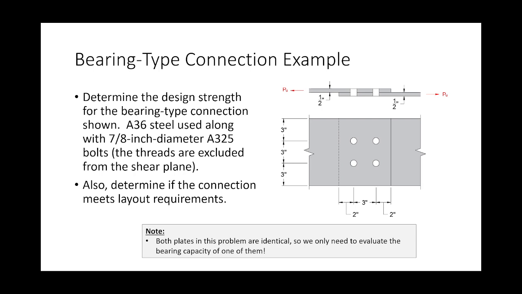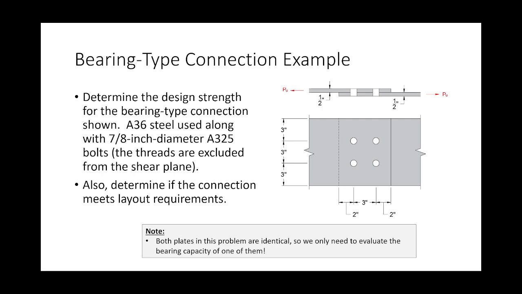But for this problem, if you look at the connection, they're both half-inch thick plates. It's a half-inch thick plate connected to a half-inch thick plate, and all the dimensions are consistent. So that part's pretty easy. And for your homework, I'm only having you check one case. The different cases of bolt bearing is something that we're going to talk about and assess on Monday. I just wanted that to make sense.